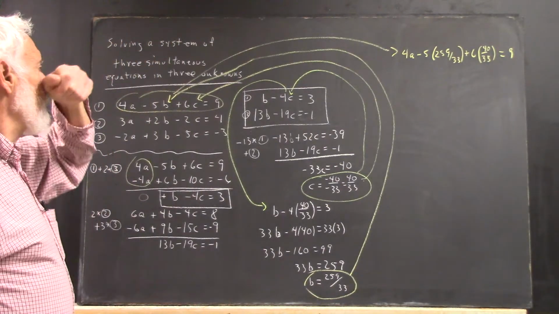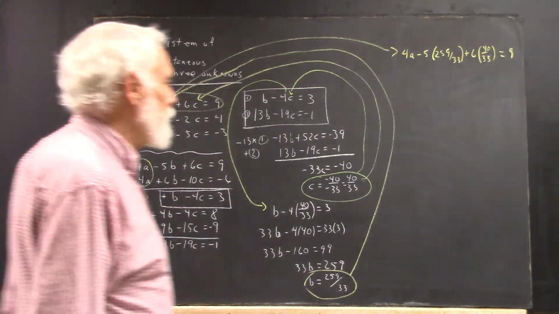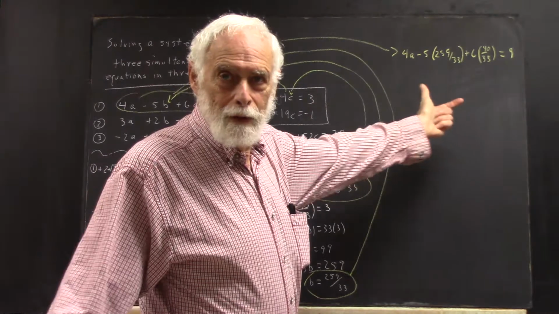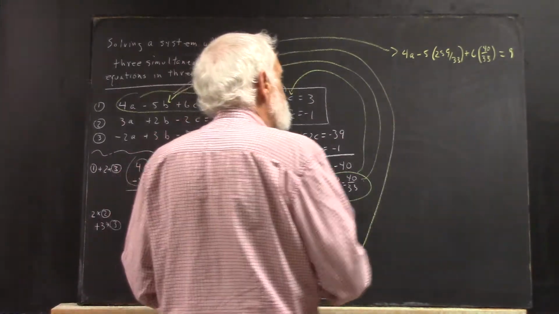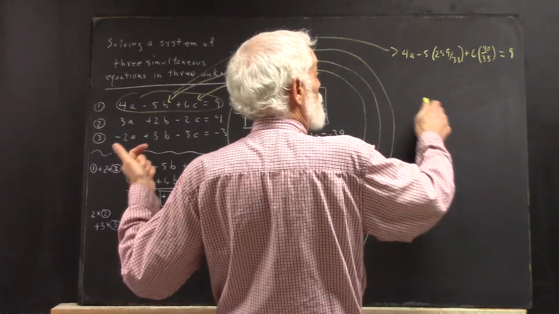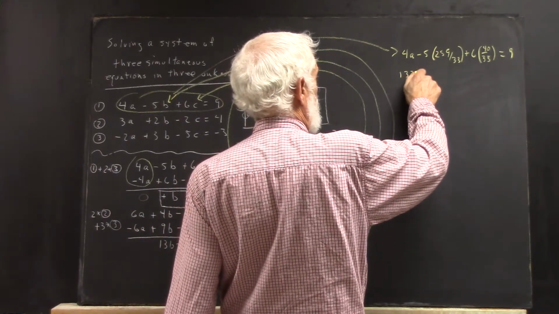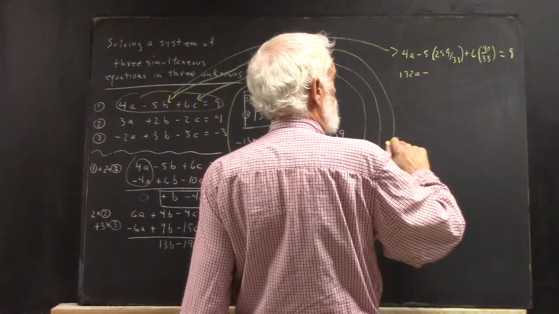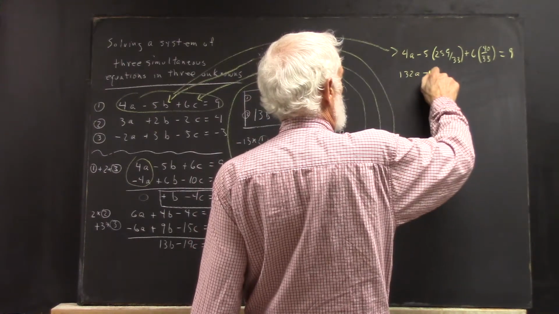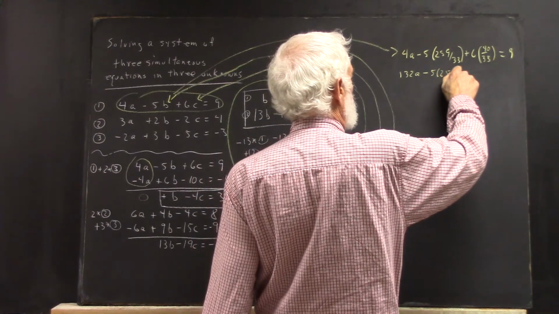Well, numbers will get kind of big, a little harder to manage, but you've got to live with it. This is the real world. Multiply everything by 33. We get 132a, minus, I'm going to write it all out, 5 times 259.